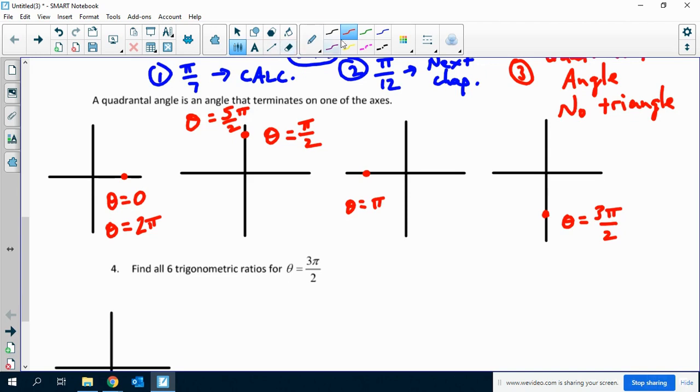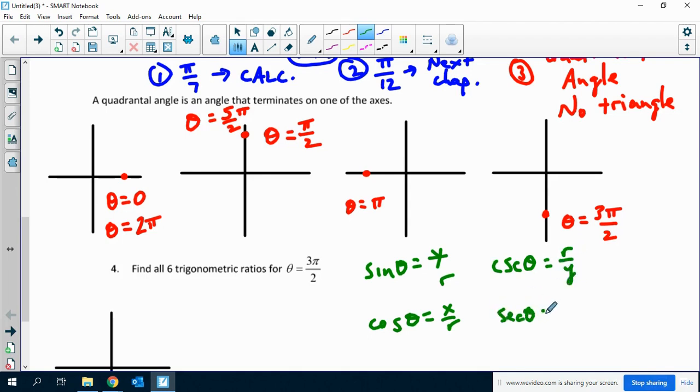Now, basically what we have to do is we have to recall that sine is always y over r, cosine is always x over r, cosecant is always r over y, secant is always r over x, tangent of theta is always equal to y over x, and cotangent is always equal to x over y.